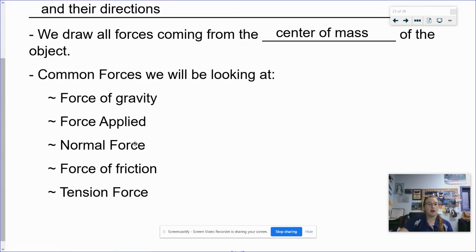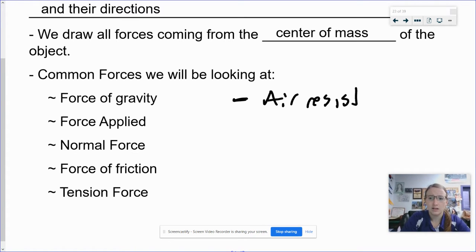Now, once again, we're going to be looking at all of these different forces, which we've already talked about, and labeling them on an object. There is one more that occasionally we will have. There's a question that asks about it later. Air resistance is a thing as well. It's like the friction due to air.